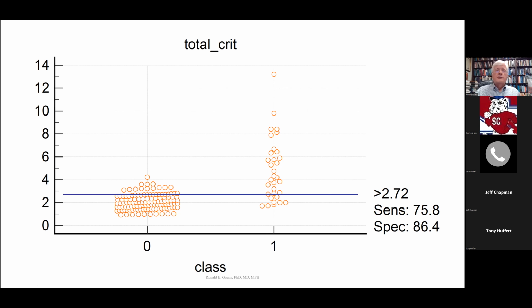I actually thought about drawing curves, but what you see here is that the control curve and the irradiated curve overlap. This is true for most things in medicine. With this criterion, the sensitivity is 75.8%, the specificity is 86%. So I decreased my specificity by increasing sensitivity.